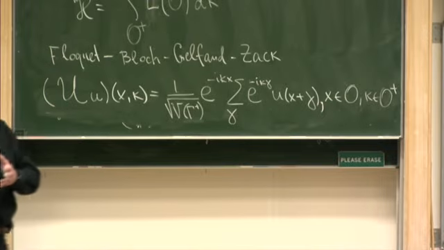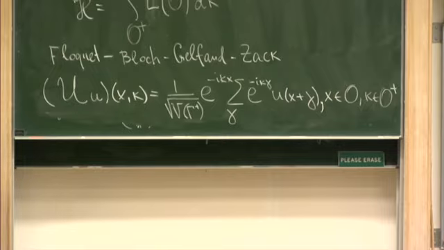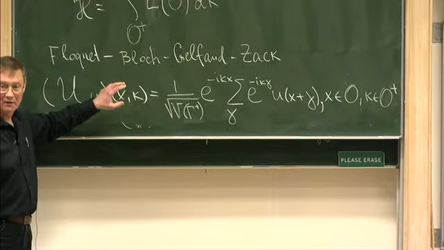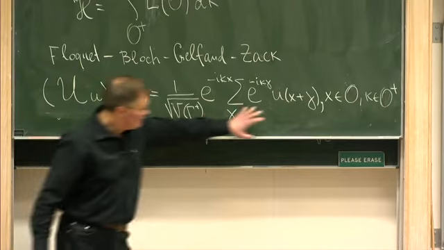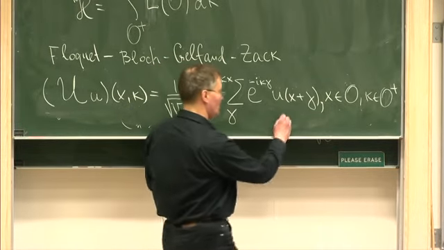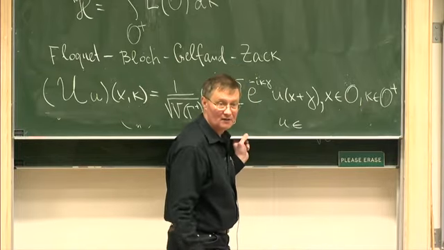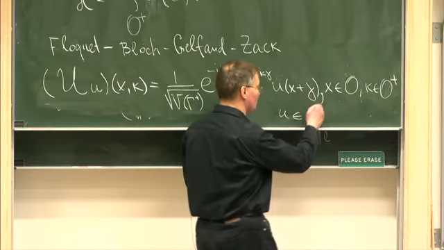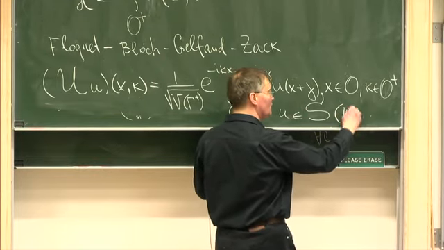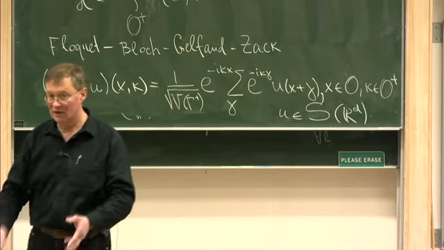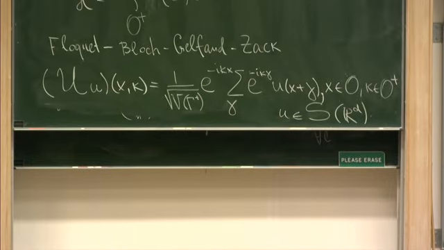This is what Peter defined before, but let me just talk a little bit about it for you to get used to it. So you take a function in L2, or it's better to take smooth, fast decaying functions. For example, functions from the Schwartz class, right? Infinitely differentiable functions decaying faster than any polynomials with all their derivatives.